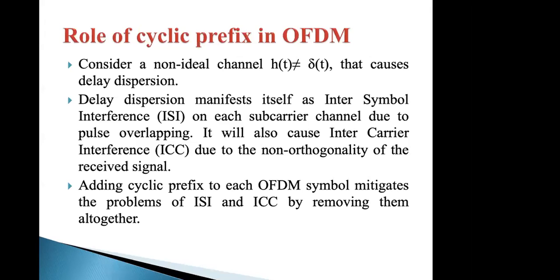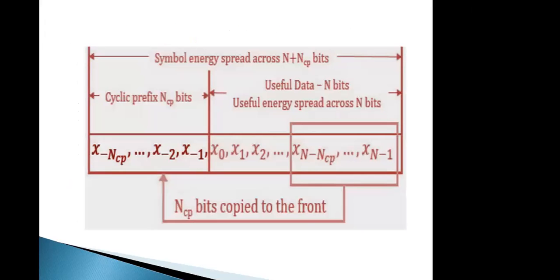To avoid the intersymbol interference, not the intercarrier interference, we use a cyclic prefix. We use some amount of cyclic prefix, that is, something we are transmitting exactly at the beginning of the frame. Also, we add some content at the end of the frame. If you look at this one frame of data, the symbol energy is spread across it.